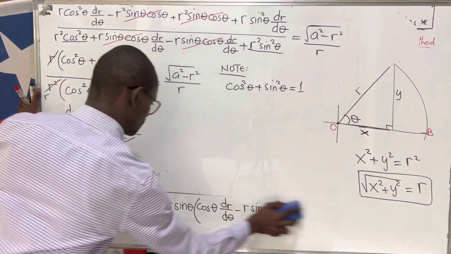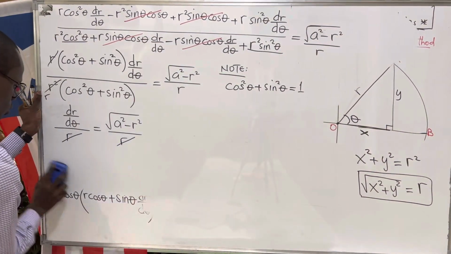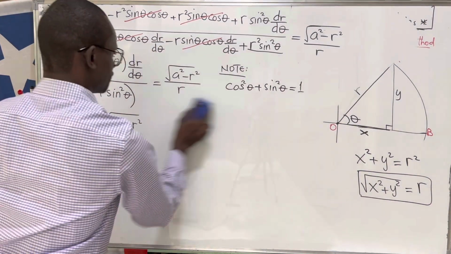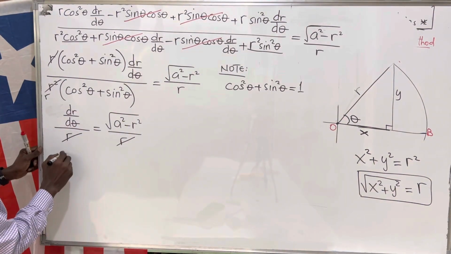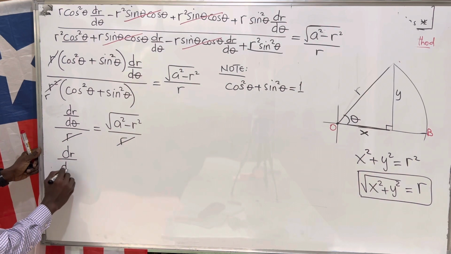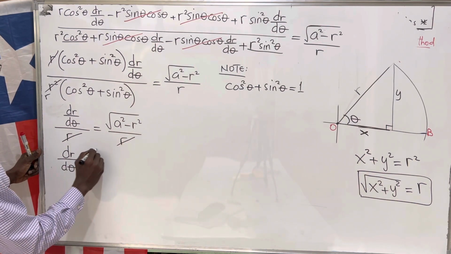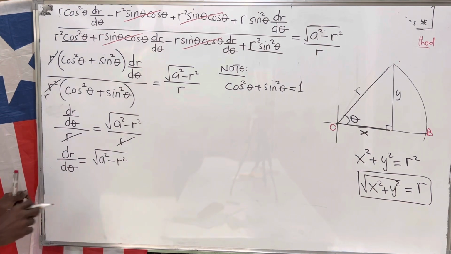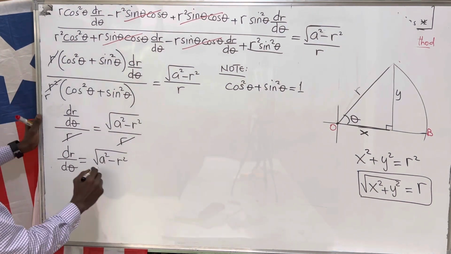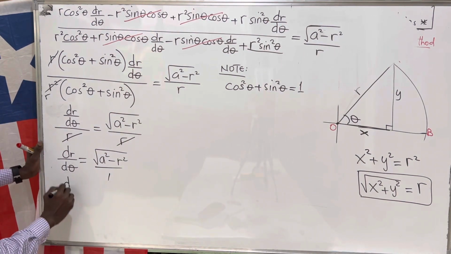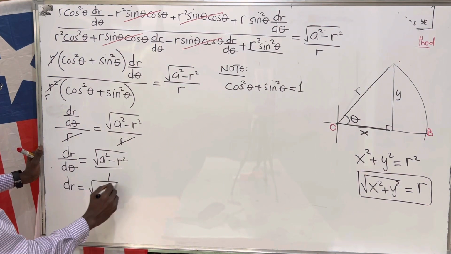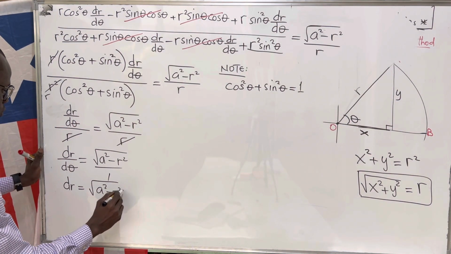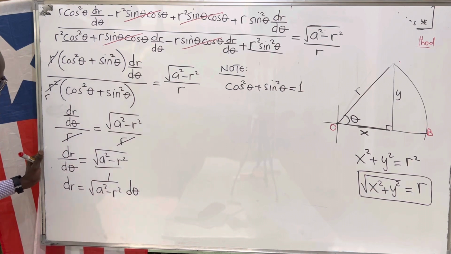So what are we left with? We are left with dr over d theta equals to the root of a square minus r square. So we can cross multiply now. So we're just going to have dr equals to the root of a square minus r square d theta.